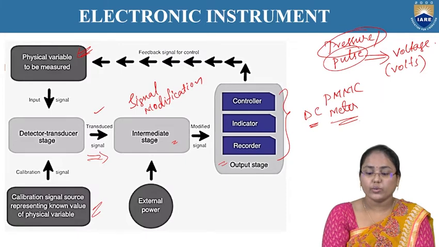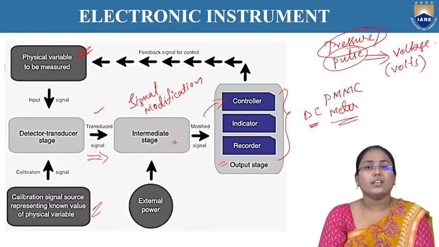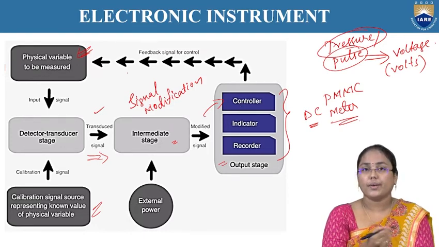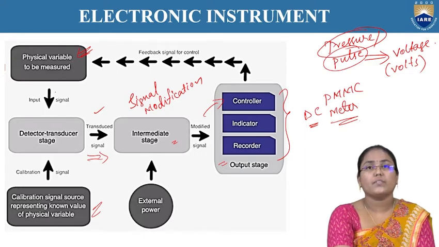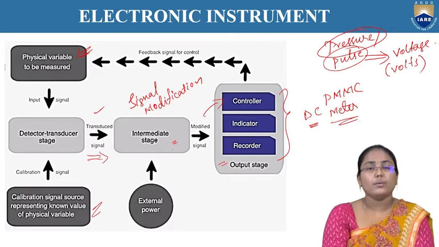At that time, whatever the modified signal is there, we can give it to the controller. And this controller gives a feedback signal of control. With respect to the feedback signal, the physical variable to be measured can be tuned in such a way that it gives a proper modified signal.